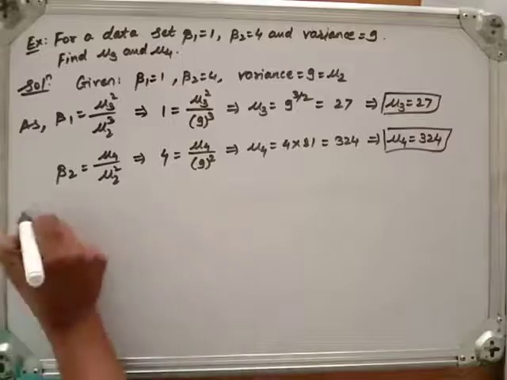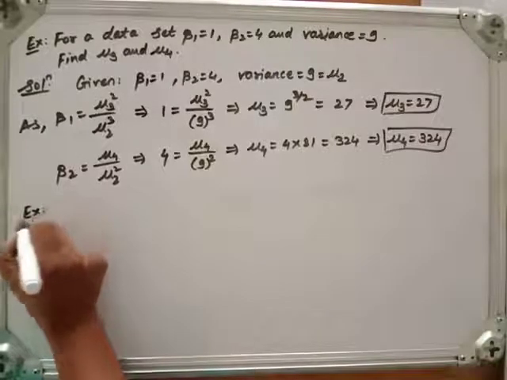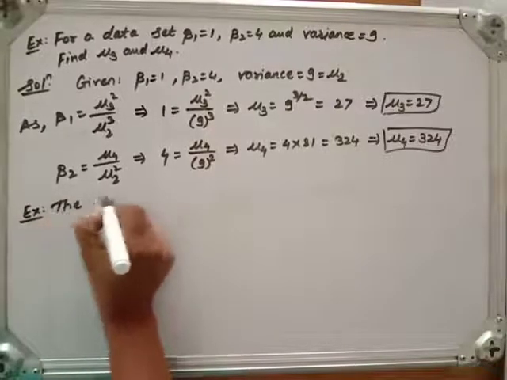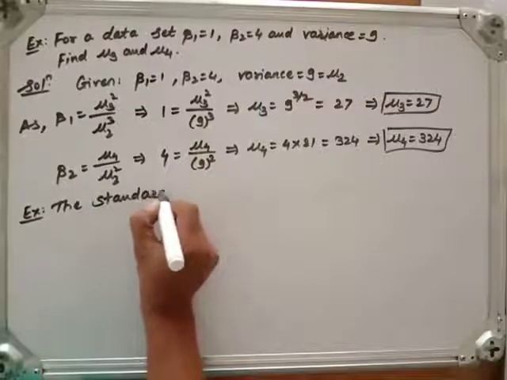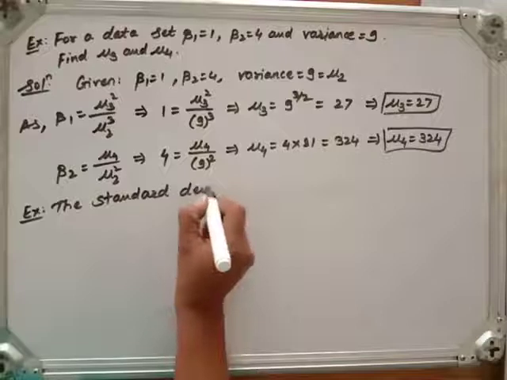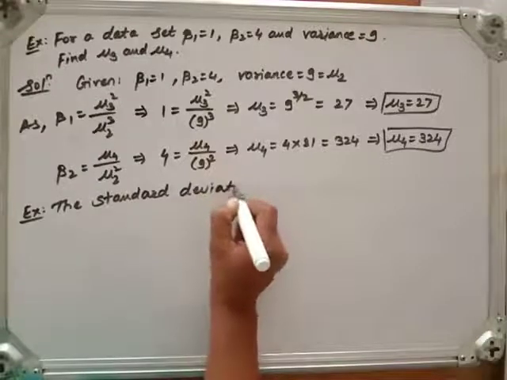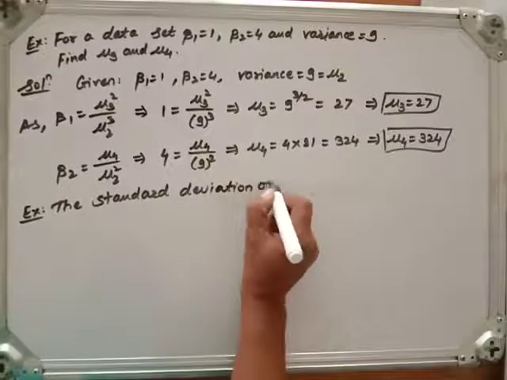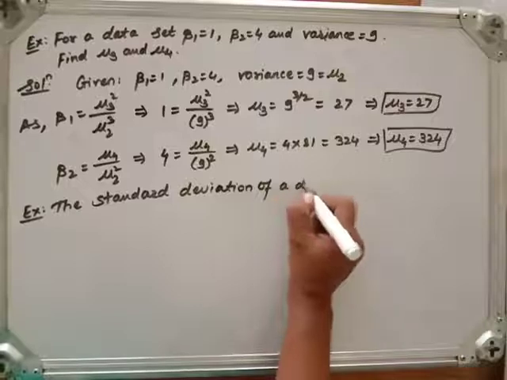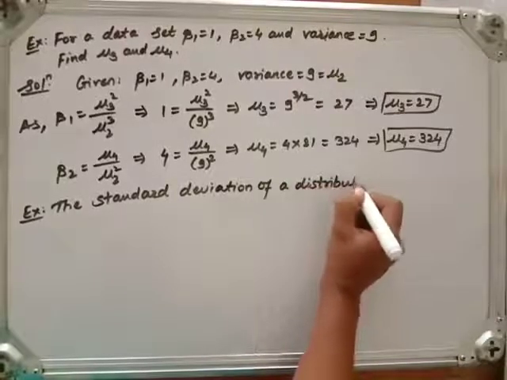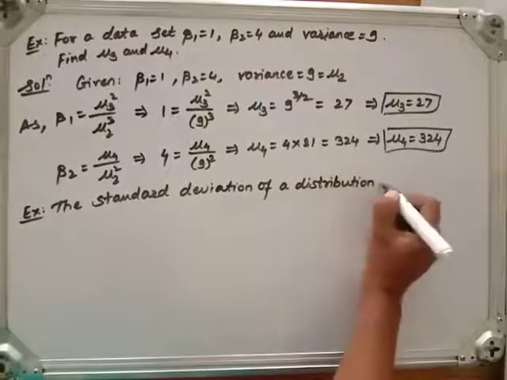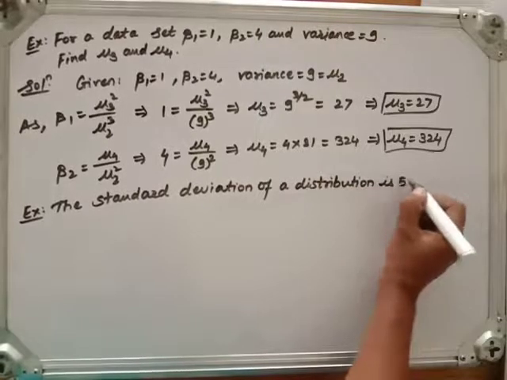Okay. Now the next example. The standard deviation of a distribution is 5.